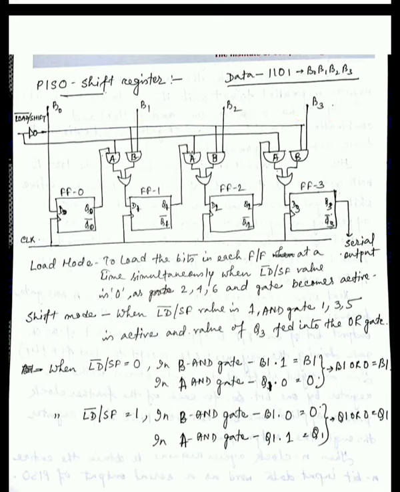And in the A AND gate you see the previous output is added. Q0 goes to A, Q1 goes to A, Q2 goes to A. So of the two AND gates, one is used for input and the other is used to get the previous output.